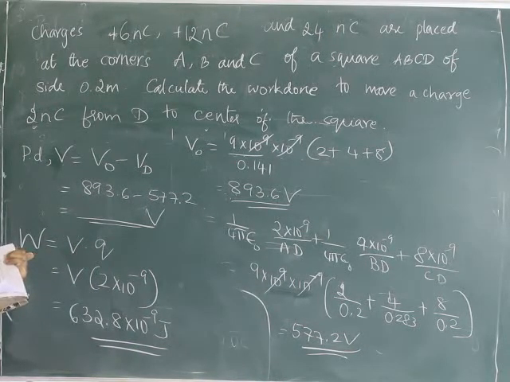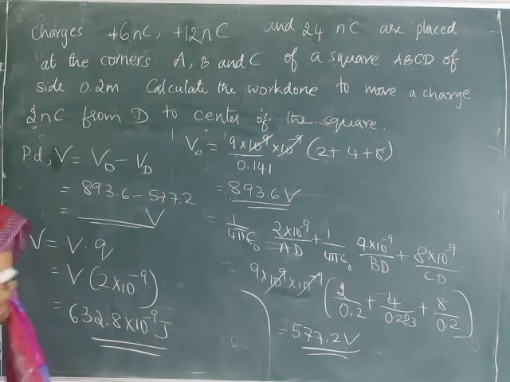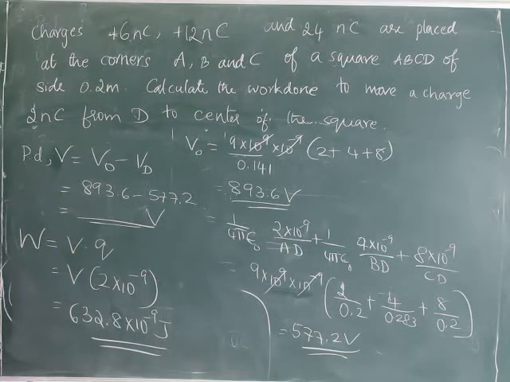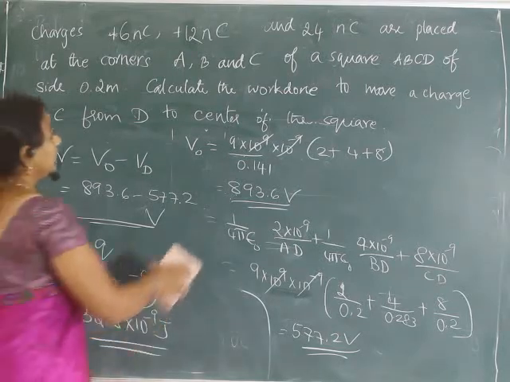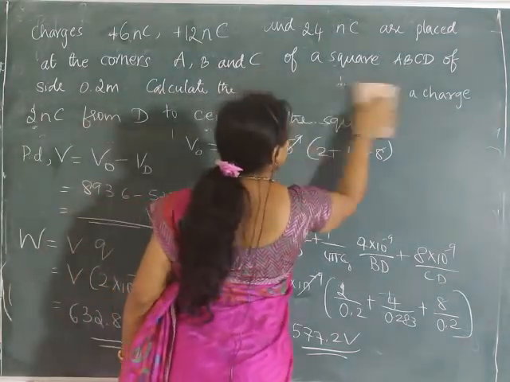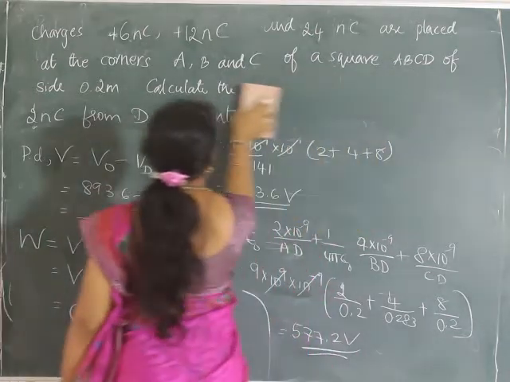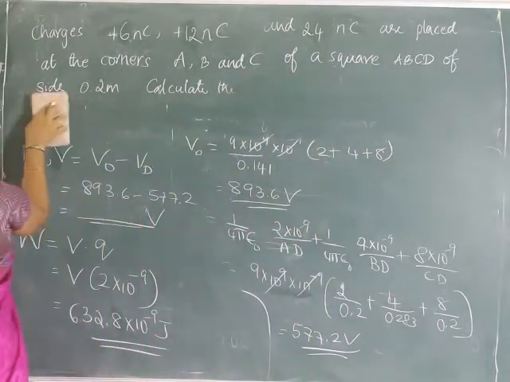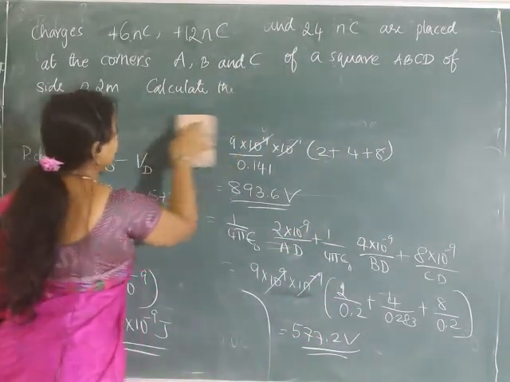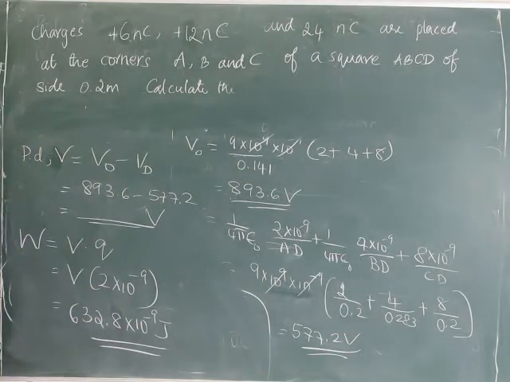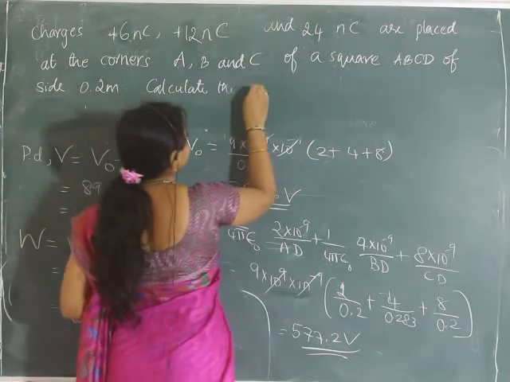Calculate the potential difference between D and center of the square. You have to calculate only the potential difference between D and center. No work done. You have to calculate the potential difference.